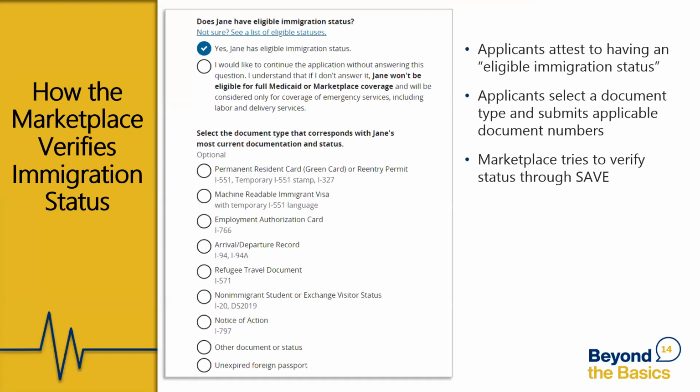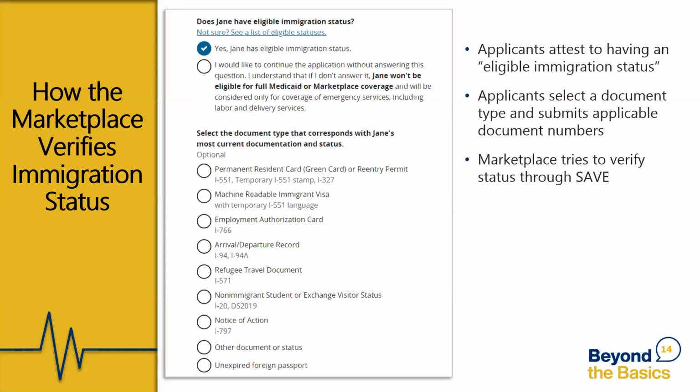So how does the marketplace application verify immigration status? If the person has said, nope, I'm not a US citizen, like we saw in the question earlier, then the person is going to be asked if they have an eligible immigration status. A lot of people aren't really going to know what that means. So they might click on that blue language, which links them to a document on healthcare.gov that will provide a list of all these different statuses.